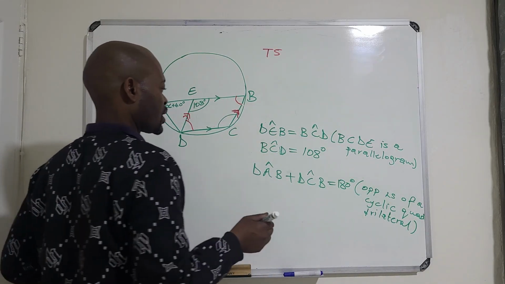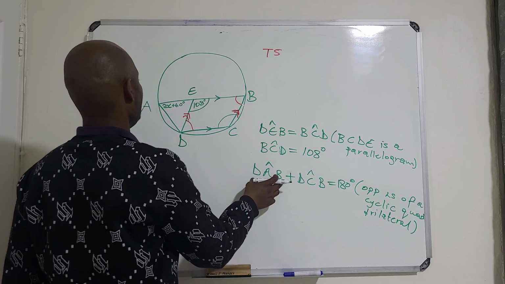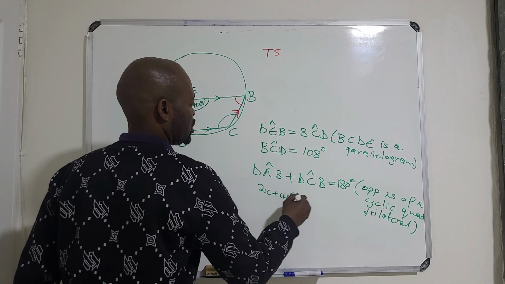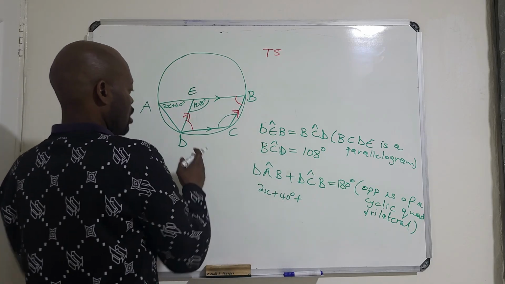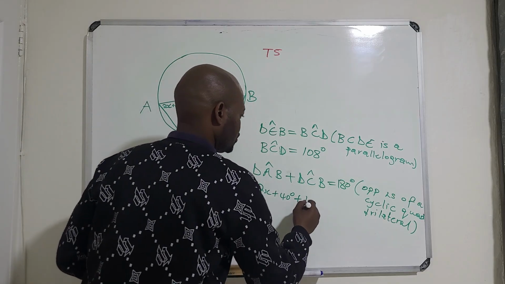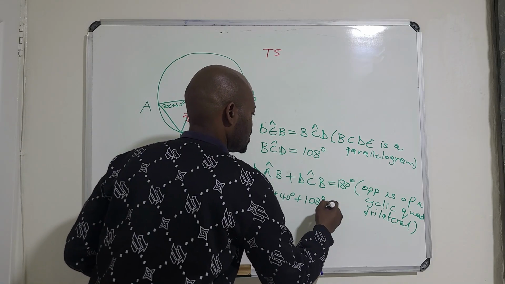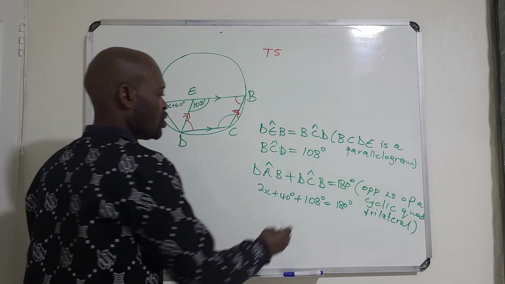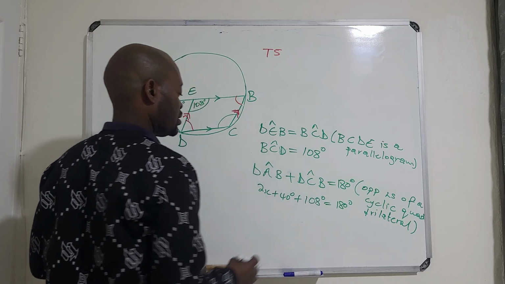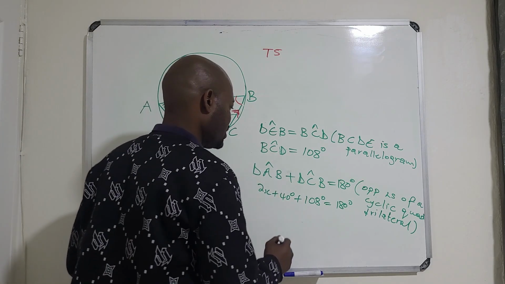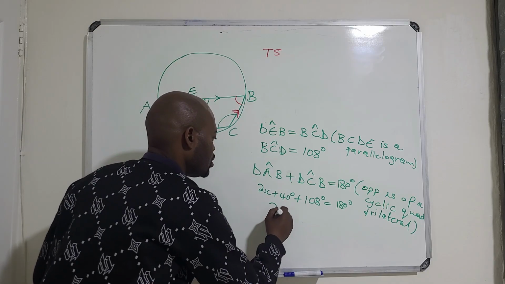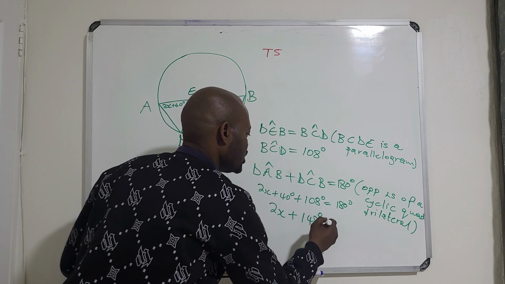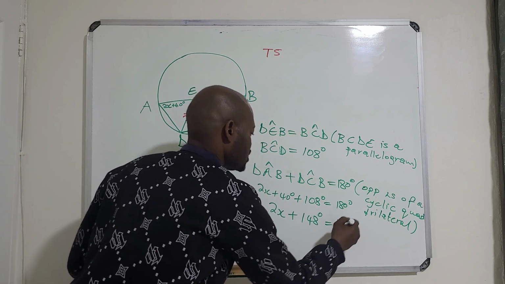Now we know angle AB is 2x plus 40, plus angle CB 108 degrees, equals 180 degrees. Now we can solve for x. For us to solve for x, we're going to have 2x plus 148 degrees equals 180 degrees.